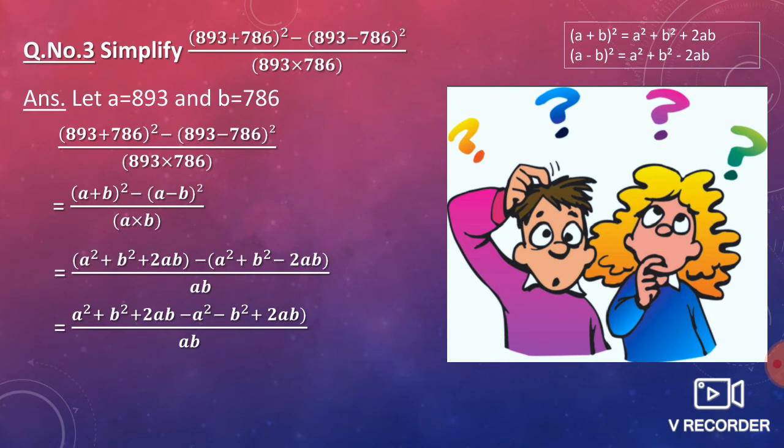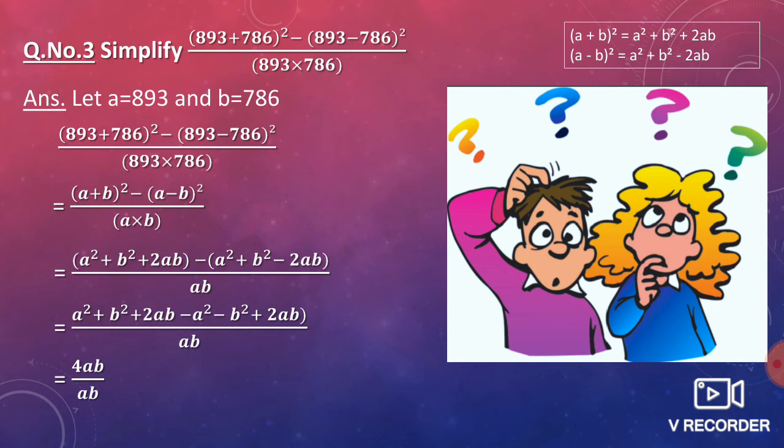If the same term is added and subtracted, we can cancel it. In this case it is a square and b square. A square and minus a square can be cancelled, b square and minus b square can be cancelled, and 2ab is added twice, so it's 4ab. So the answer is 4ab divided by 4ab.